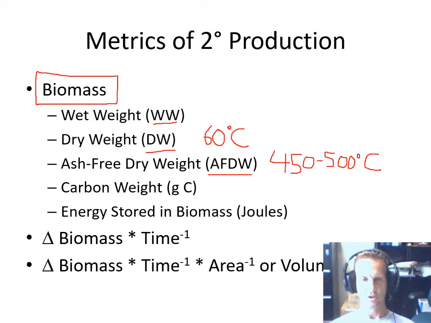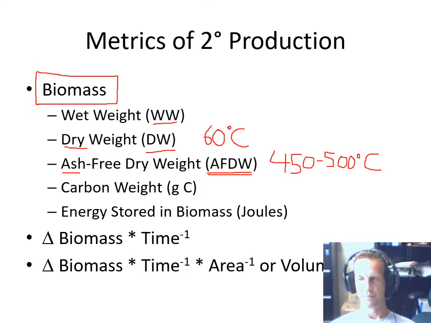So then what you do once you have the weight of the ash is subtract the weight of the ash from the dry weight that you got earlier, and that gives you an ash-free dry weight. So the ash-free dry weight is like just the weight of the organic matter in that organism minus the weight of the inorganic components.